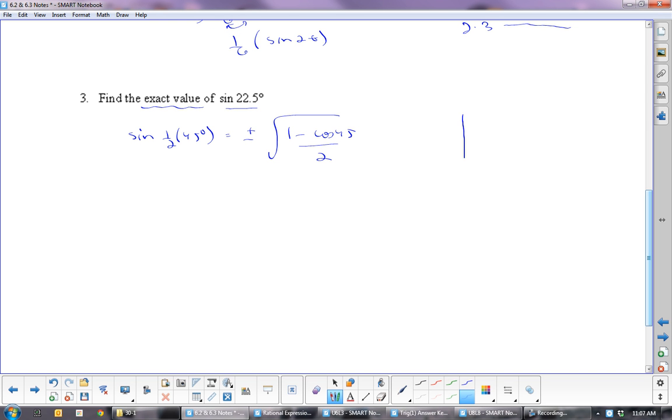Okay, and then again, if you draw your unit circle, I got root 2 over 2. So I'm taking cos. So this is plus or minus root of 1 minus root 2 over 2, all over 2.